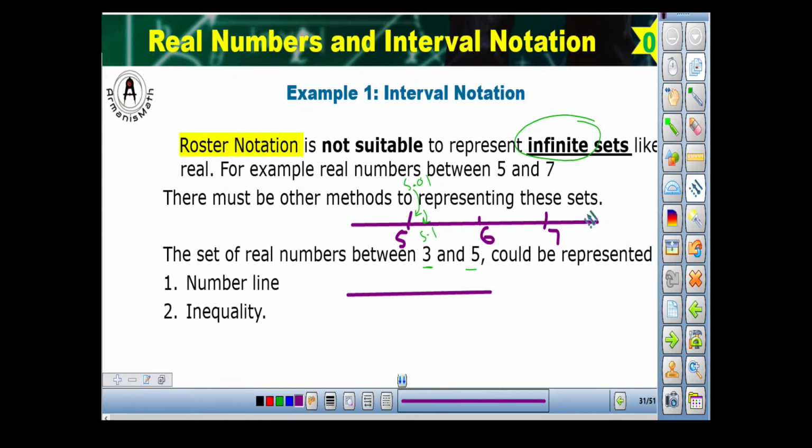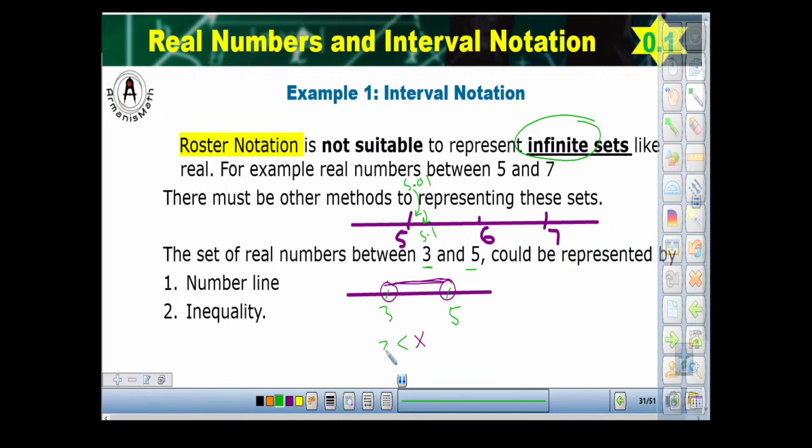Number line between 3 and 5. So I have 3, got 5, and we just talked about number line between 3 and 5. That doesn't say including 3 and 5, that's why I leave those open. And the second is inequality. How do I put this in inequality? Well, your number, which is x, is going to be greater than 3 and less than 5, because you just said it's between 3 and 5.